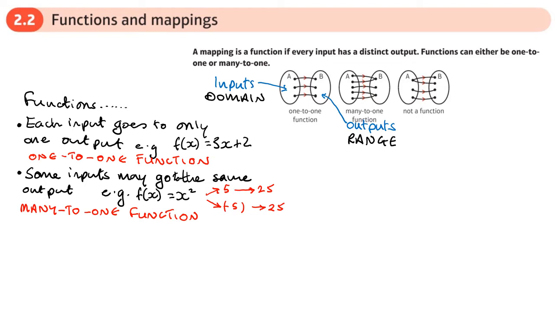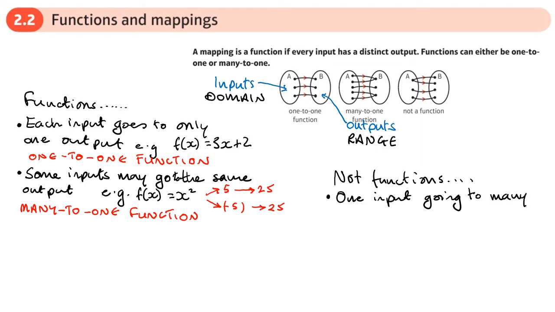Now the one we haven't done so far is where you may have one input going to many, or more than one, output. So that's a number that you put in that could go to two or more different places.